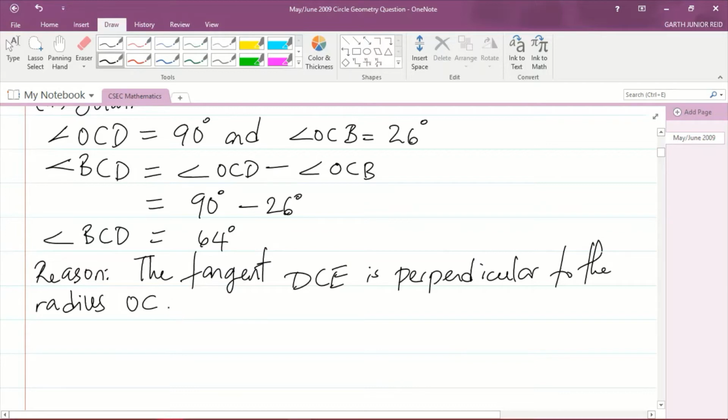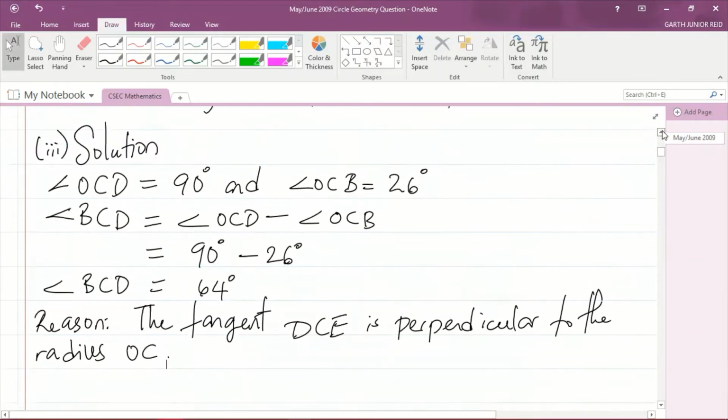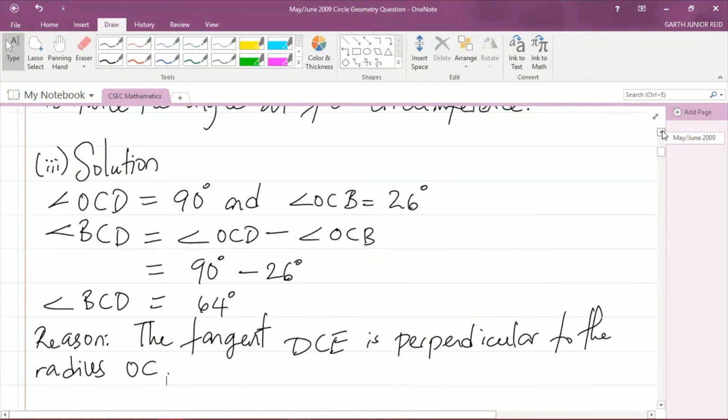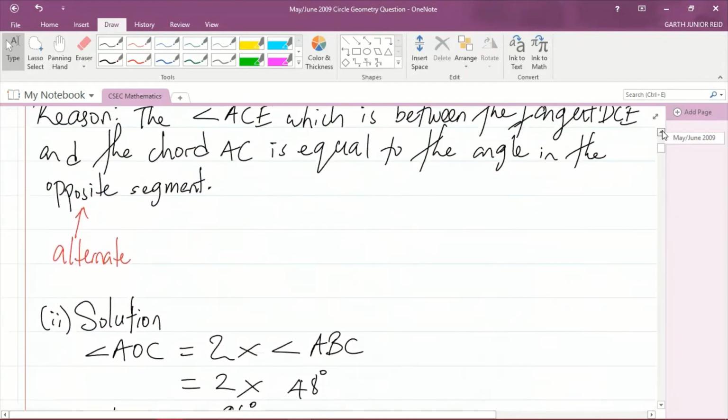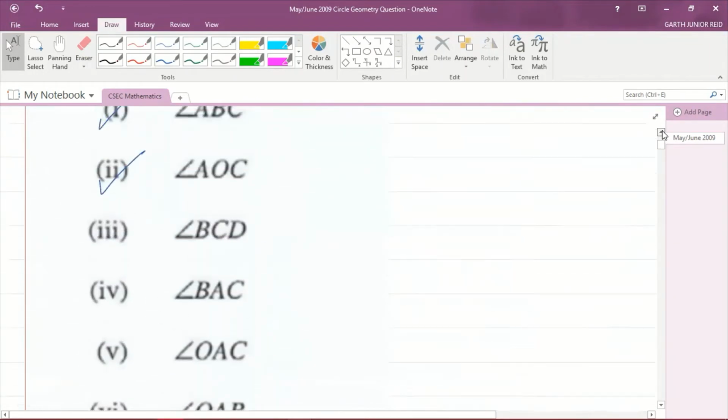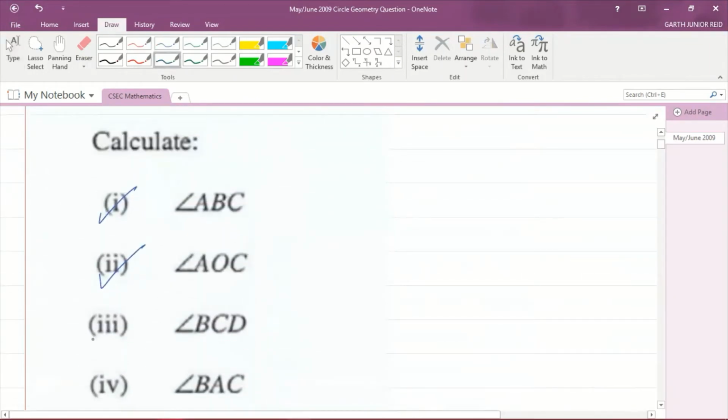So the tangent DCE is perpendicular to the radius OC. We used that information in order to calculate our angle BCD. So part 3 of the question is now completed.